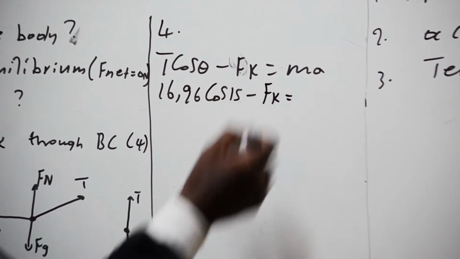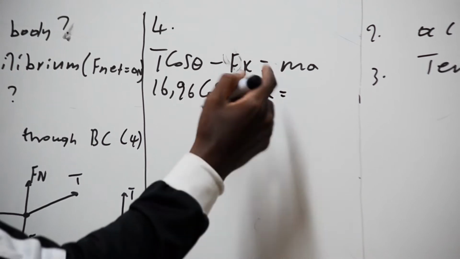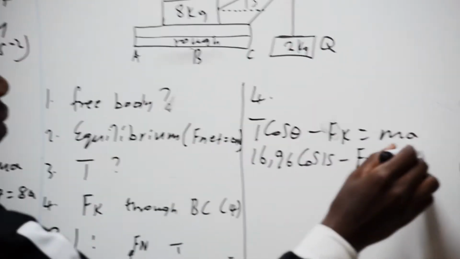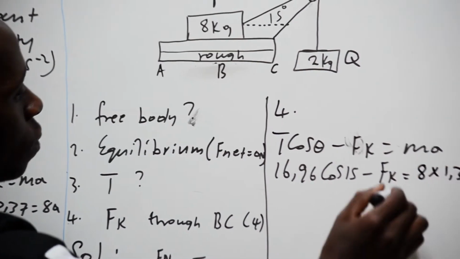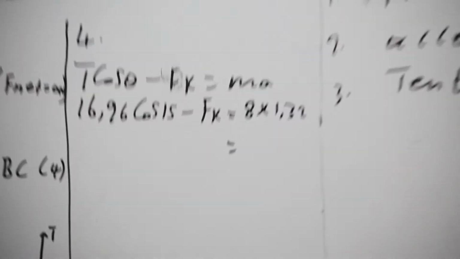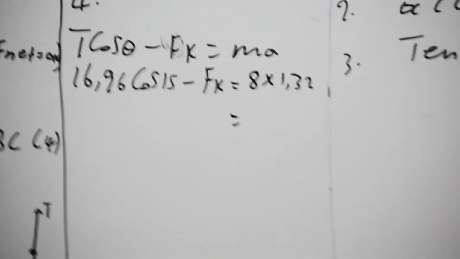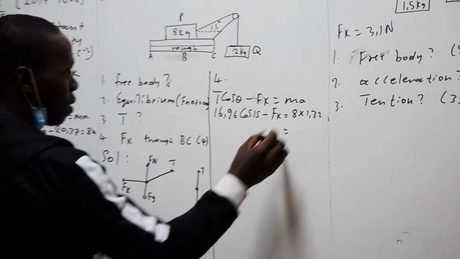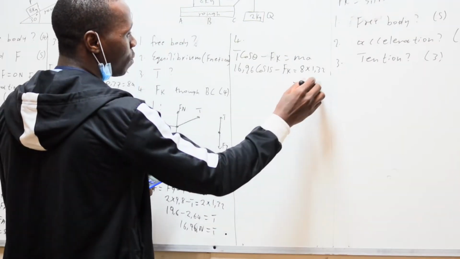Where are you? My mass is 8 kg. It's 8 times 1.32. So work that out by yourself. Work with me, learners, you see this.